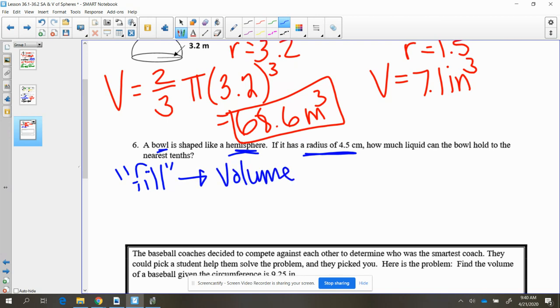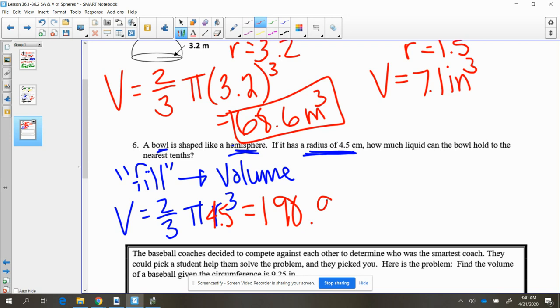So we have a bowl that's a hemisphere, so we know we're going to be taking the volume of a hemisphere, and our radius is 4.5, so we're going to plug that in for that r value. 2/3 pi times 4.5 cubed, we should have had about 190.9 cubic centimeters.